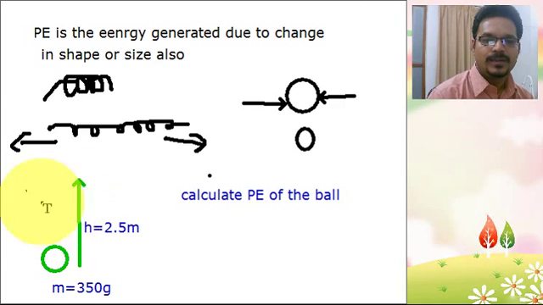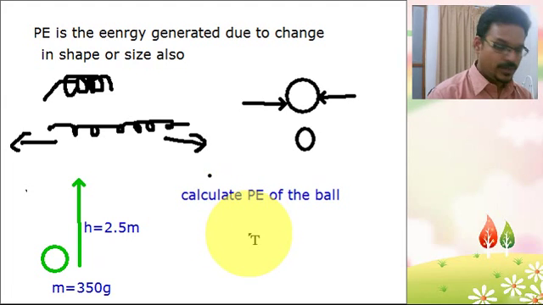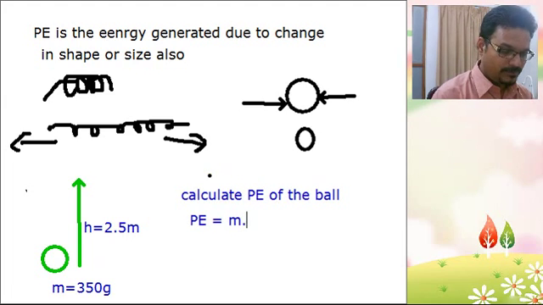See this small example. There is a ball of mass 350 grams which is thrown up to a height of 2.5 meters. Now you need to calculate the potential energy of the ball. As you know, the formula is PE equals m into g into h. Mass is 350 grams. Please convert it into the SI system, which is 0.35, into the g value.